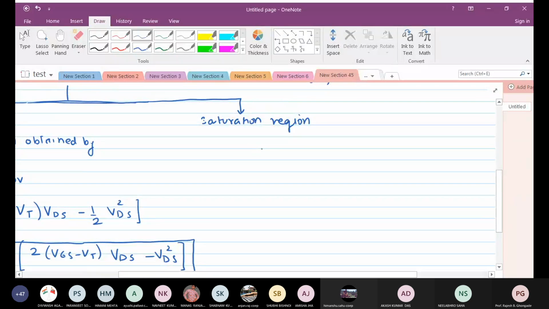So in saturation region, we have the pinched off channel obtained by VGD less than or equal to VT or VDS greater than VOV.